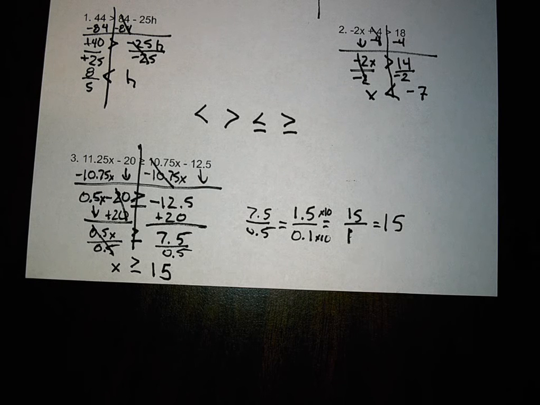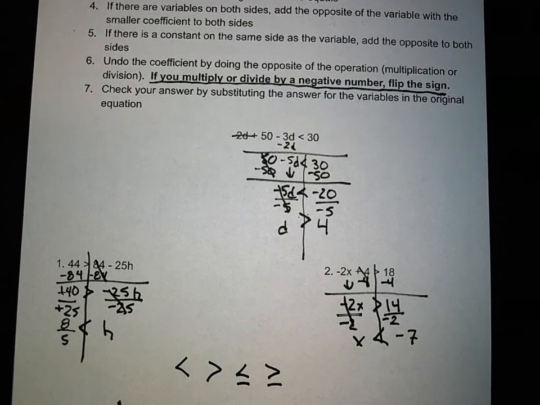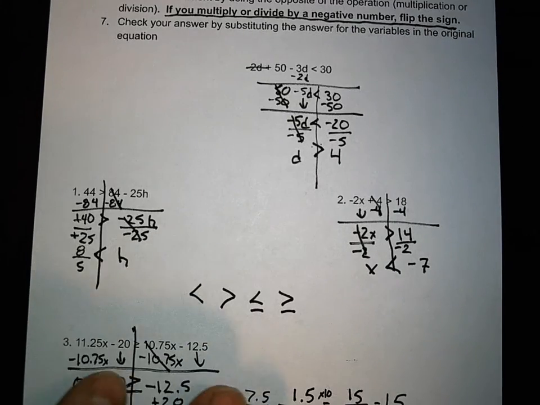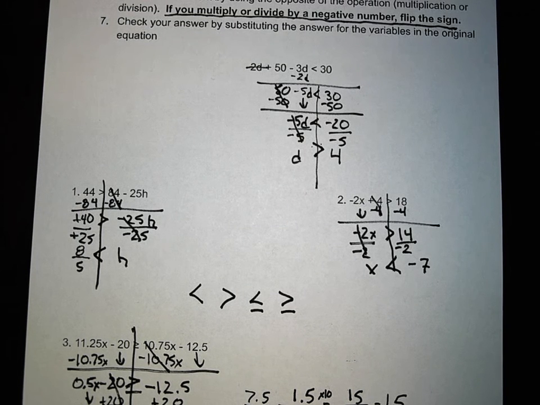That one was great because we followed the rules which moved the lesser coefficient over, which saved us from the negative problem. You'll always do that. It will make your life happier. When you're looking at problems that deal with greater than, less than, greater than or equal to, less than or equal to, pay attention when they only have one variable on one side.